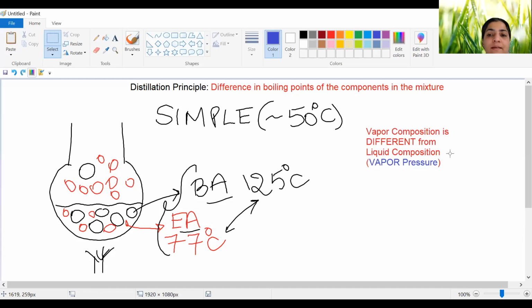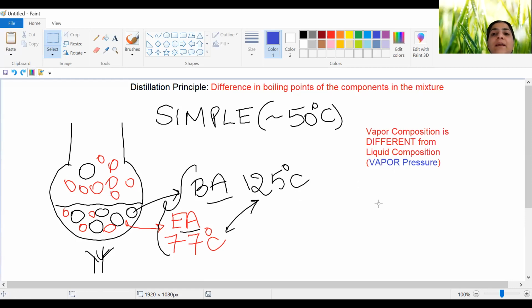And we say that the vapor composition is different from the liquid composition. So it is dependent on the boiling point and hence its vapor pressure also.